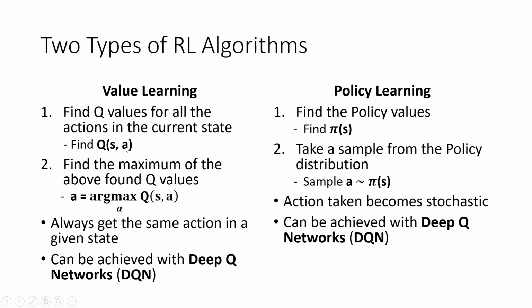That means you calculate all the Q values, or the returns, for all the actions for the given state, and then you find the maximum Q value, and the action that gives you the highest return, and that can be used as the action, right?